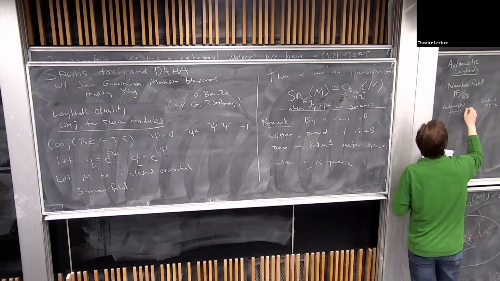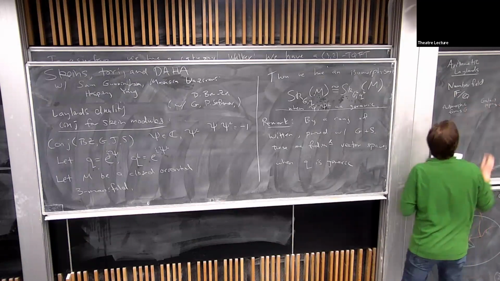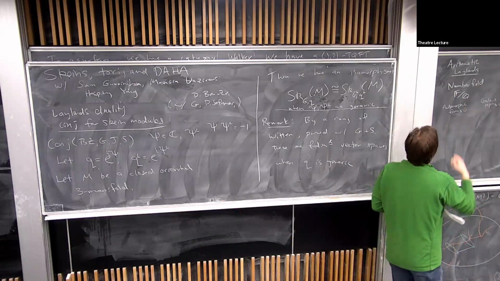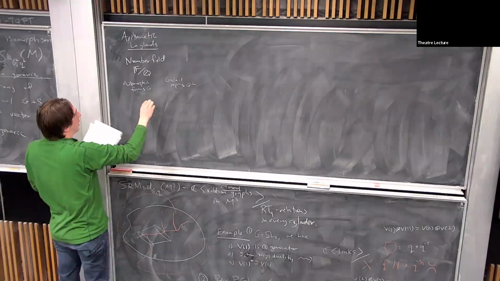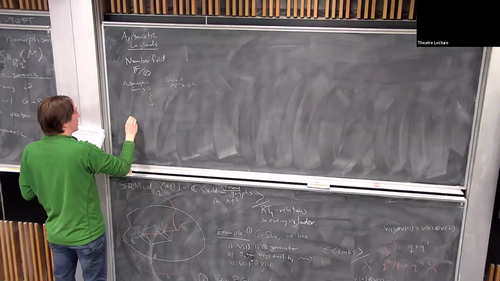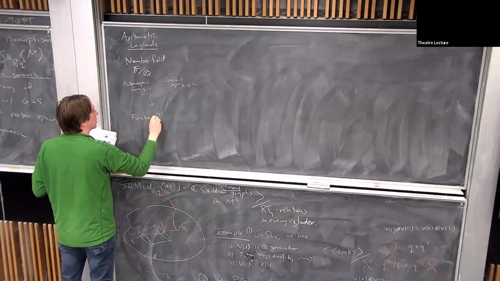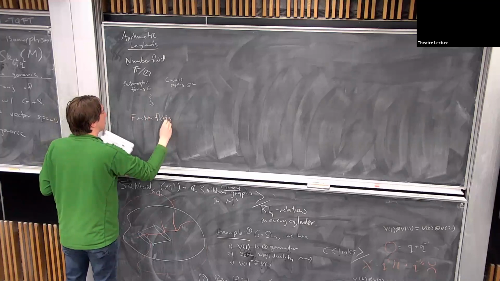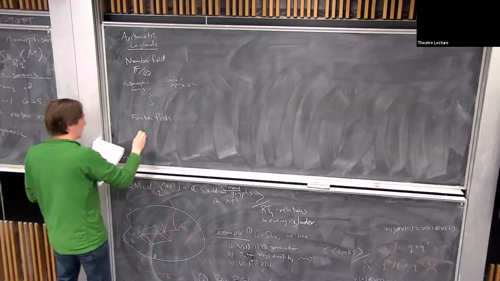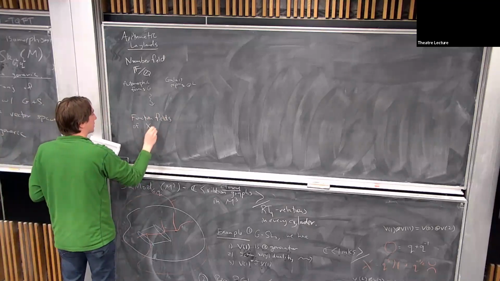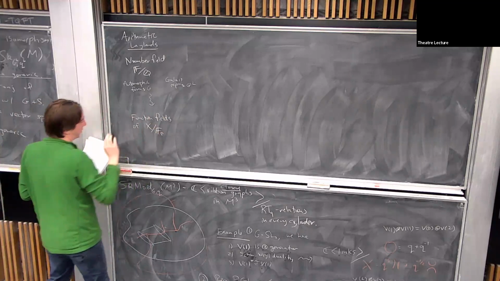These are automorphic forms for G, Galois representations for the Langlands dual. And then this has a sort of analog for function fields, say of curves X defined over F_p, for instance.